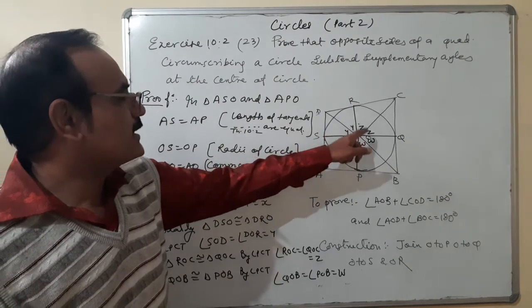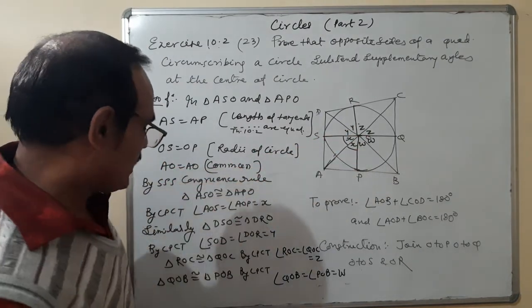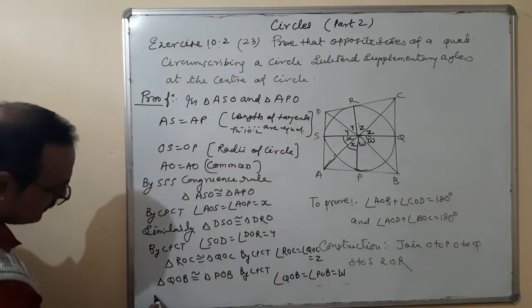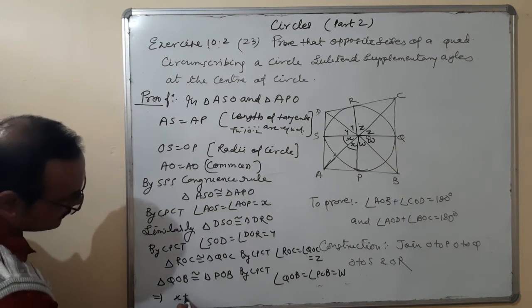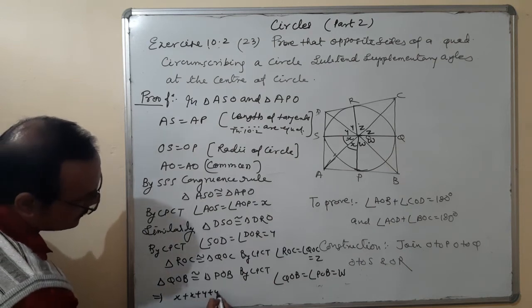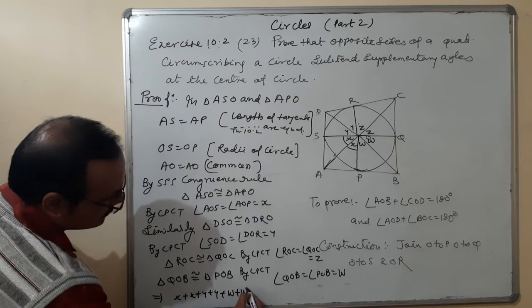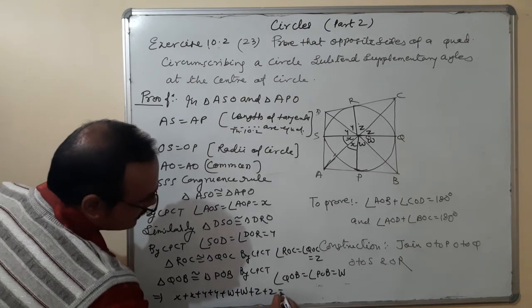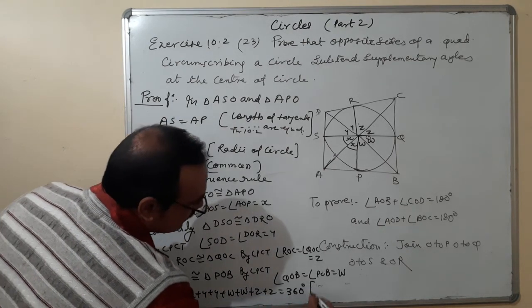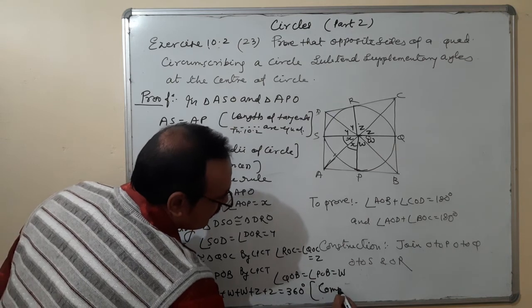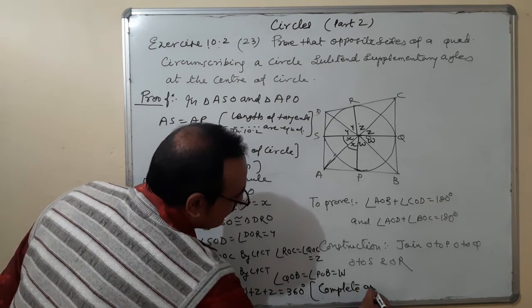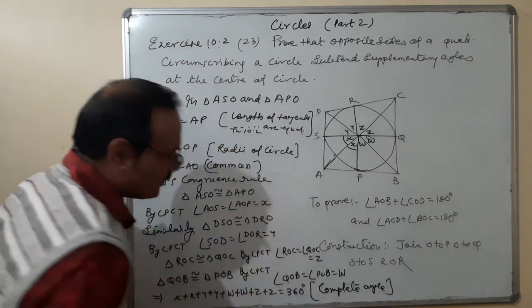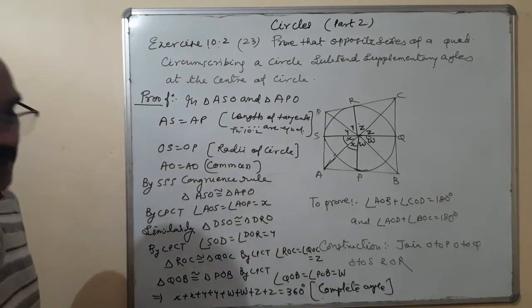X, X, Y, Y, Z, Z and W, W. After that, I may write here: X plus X plus Y plus Y plus Z plus Z plus W plus W is equal to 360 degrees. Reason? Complete angle, and the sum of a complete angle is equal to 360 degrees.